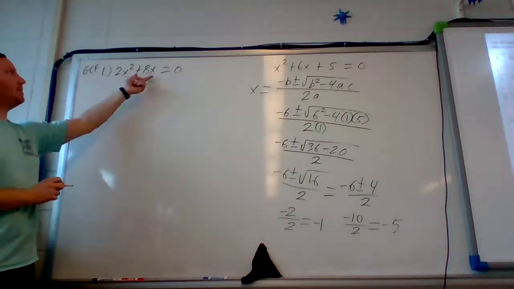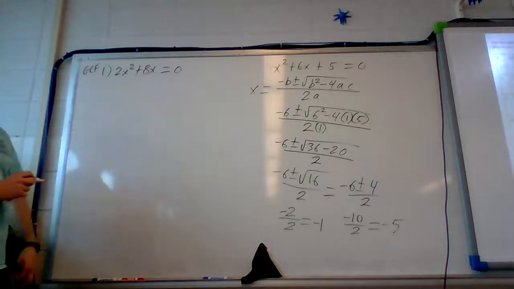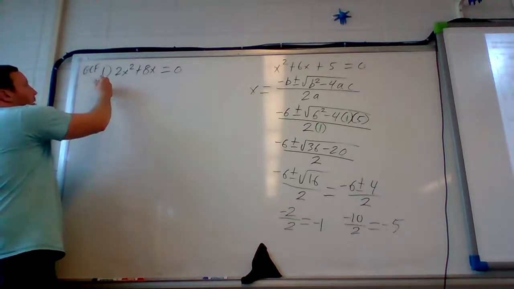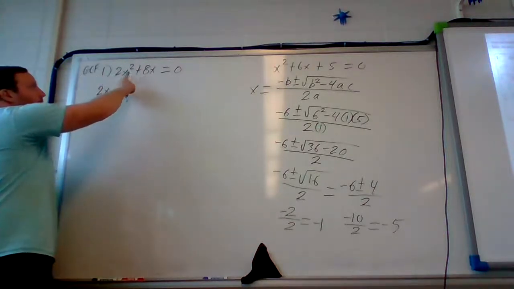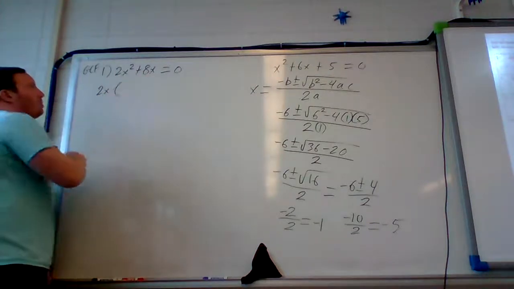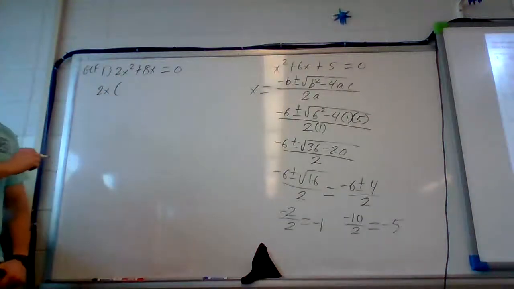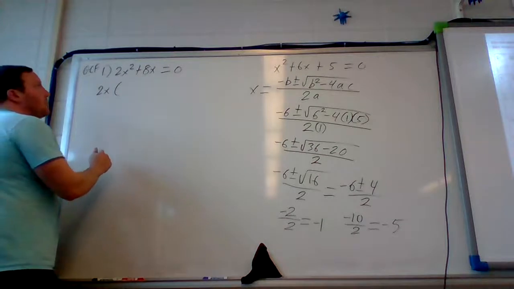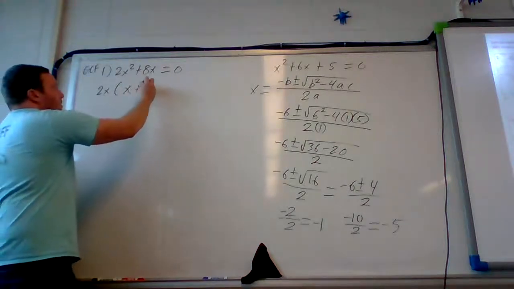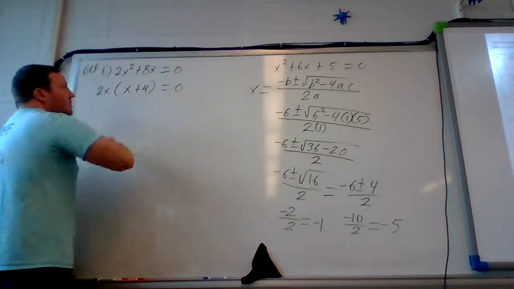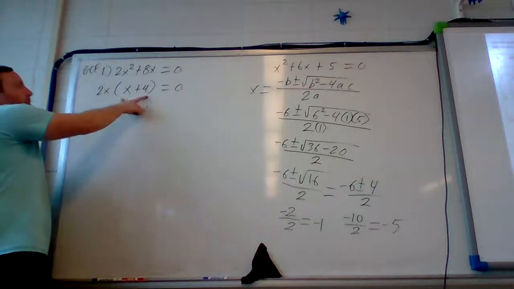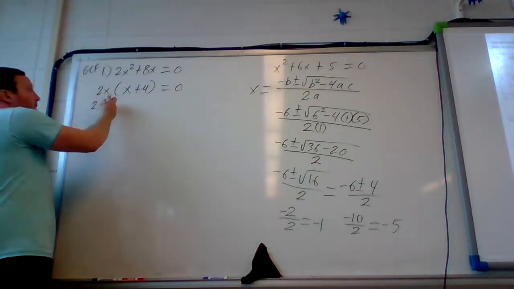What is the greatest common factor between these two? 2x, right? They both are divisible by 2, and they're both divisible by x. What do we have left when we factor out that 2x? x plus 4. Again, once we've done that, we set both of these equal to 0 and solve.